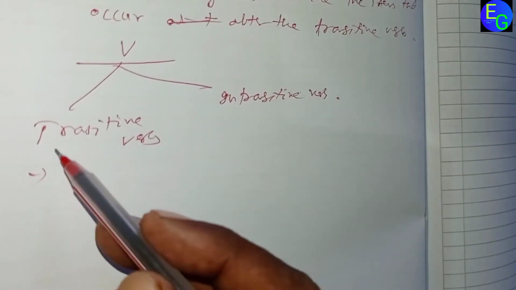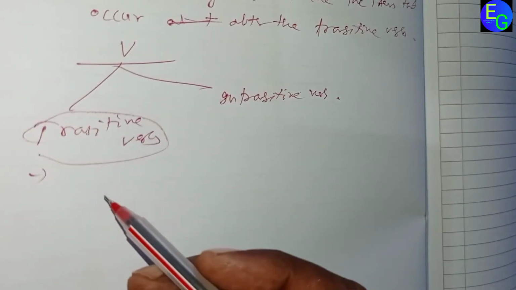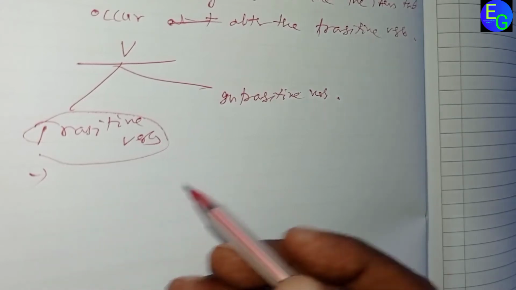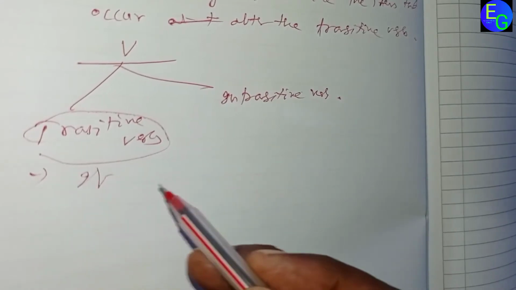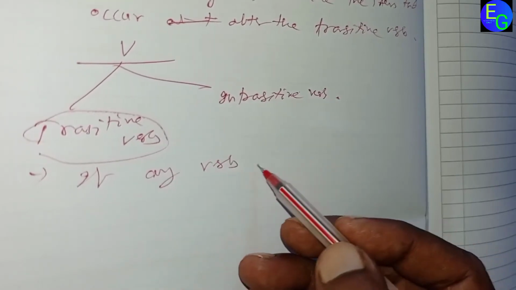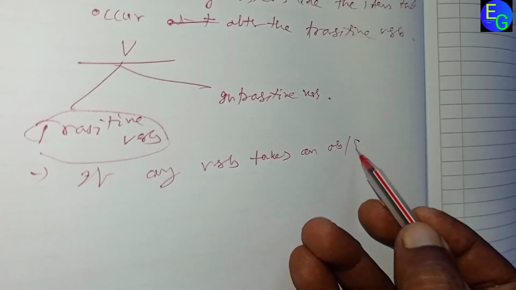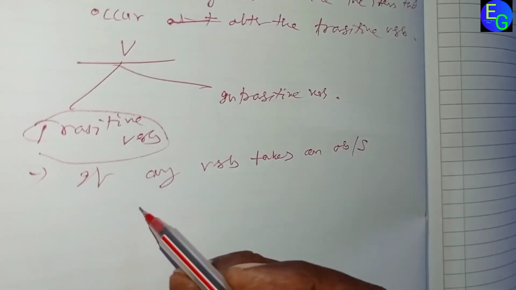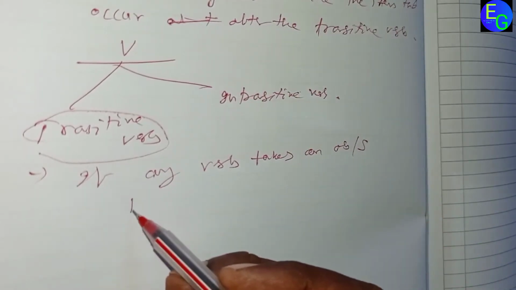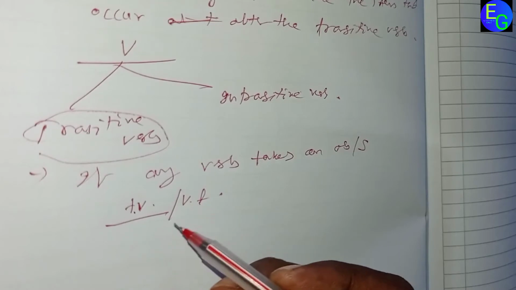What is a transitive verb in a sentence? If any verb takes an object or objects, remember, the verb must be a transitive verb, TV, or you can say VT, verb transitive.